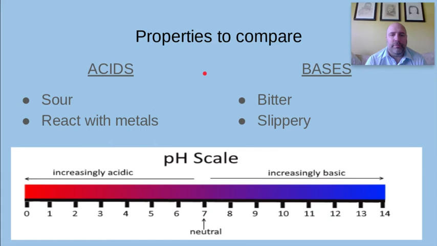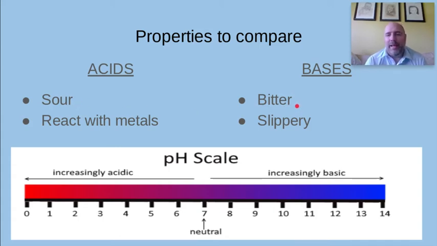Some other properties: acids have a sour taste while bases have a bitter taste. Now, you should never test any chemicals in our class. Sour and bitter are hard to define, but here are examples. Think of grapefruits or any citrus foods, those are a nice sour. I know some kids are thinking Sour Patch Kids taste sour. Yes, we know that, right?